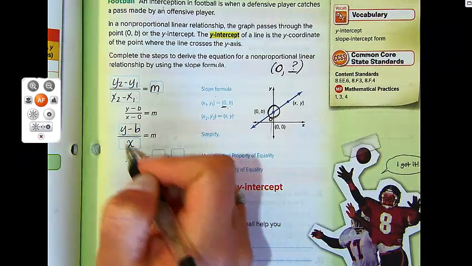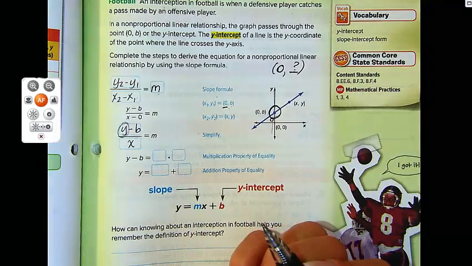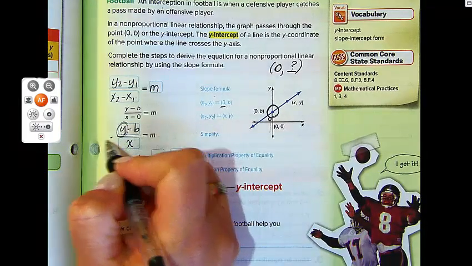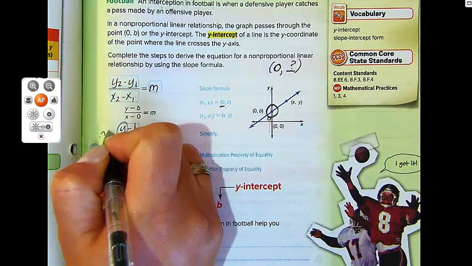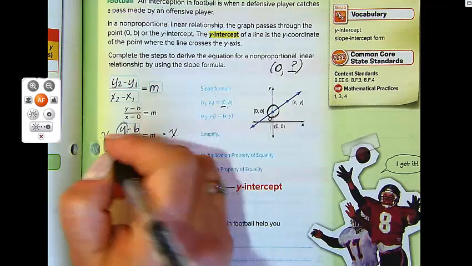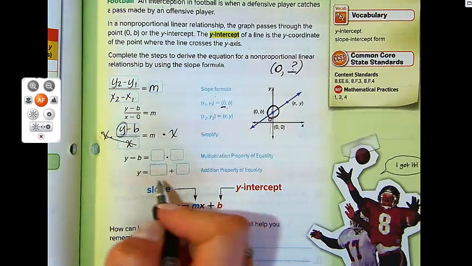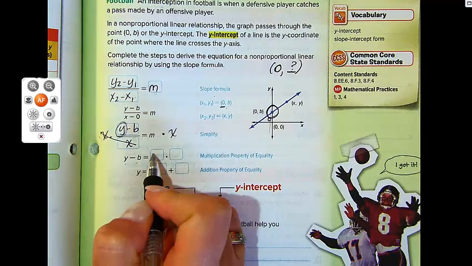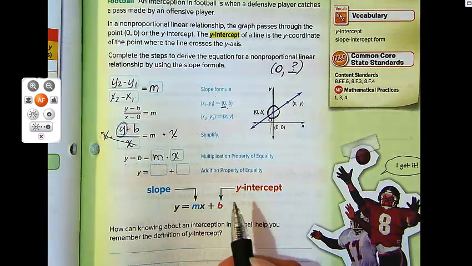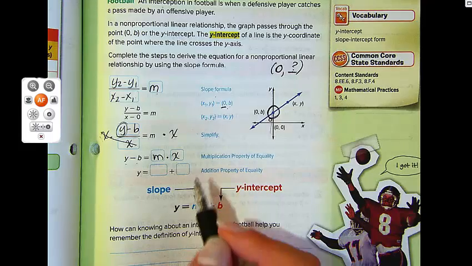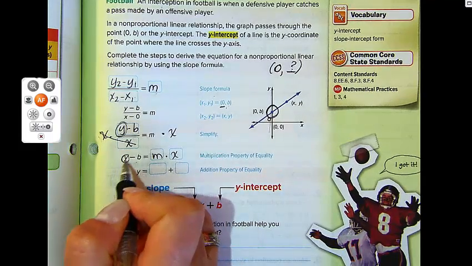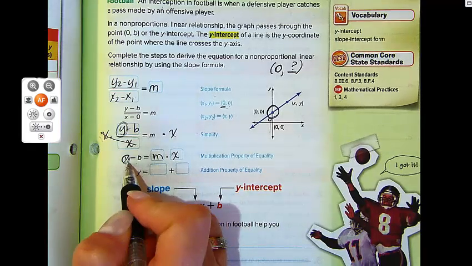So now I want to get this y by itself, so I have to take both sides times x, and that cancels out my x's, and I'm left with y minus b equals m times x. It's the same thing that we did before, but now I want to get this y by itself, so I have to add b to both sides.